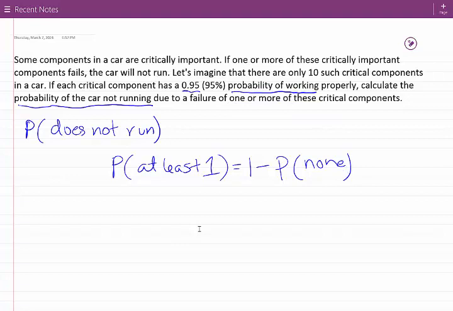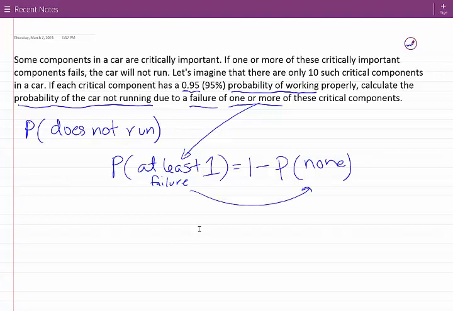And we can make it work here for us by just filling in the language of the problem. So again, one or more is really the same as the idea of at least one, right? At least one means one or more. And at least one or more of these components fail, it says, is what we're looking for. So at least one failure. And then I can just add the same terminology over on this other side here to complete this statement.